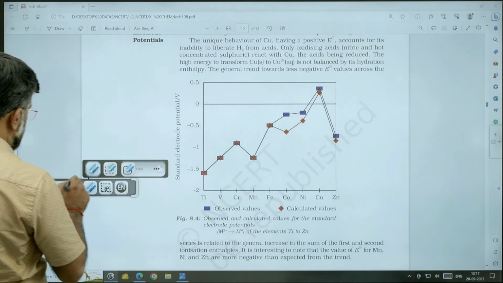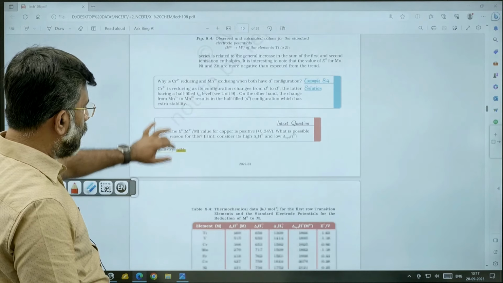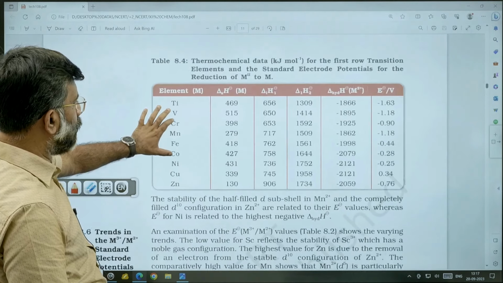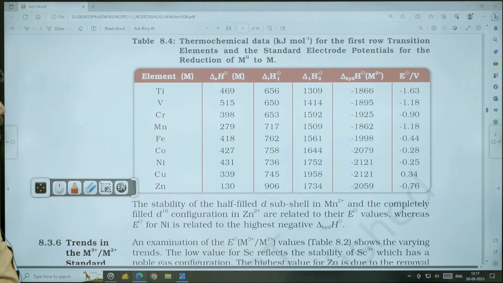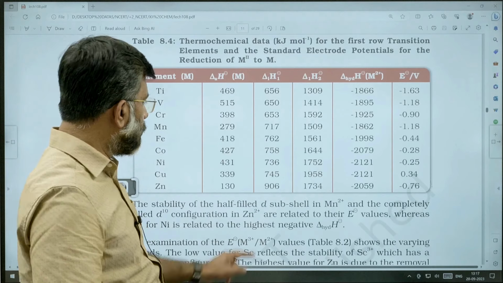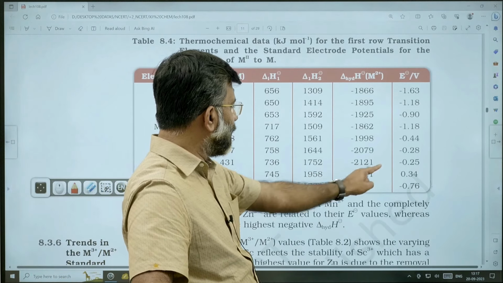So those data, when understood clearly, you can understand why the value is coming either plus or minus. You can see the second ionization enthalpy of copper is pretty high, and that is reflecting in the data.